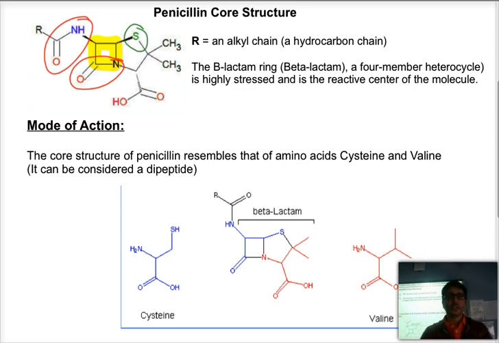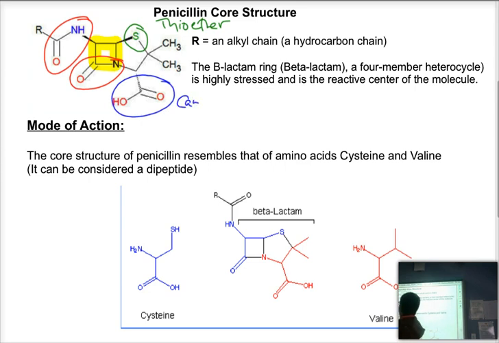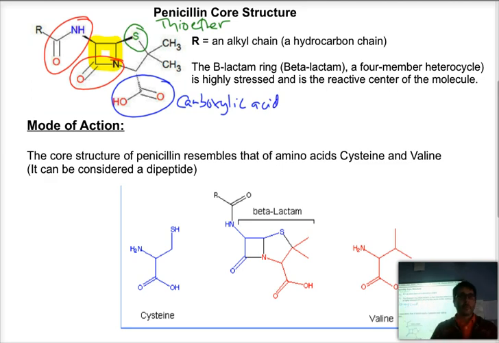The sulfur is causing what is called a thioether. And in addition, we have a carboxylic acid. So the penicillin core has all these different important groups in addition to having those heterocycles.